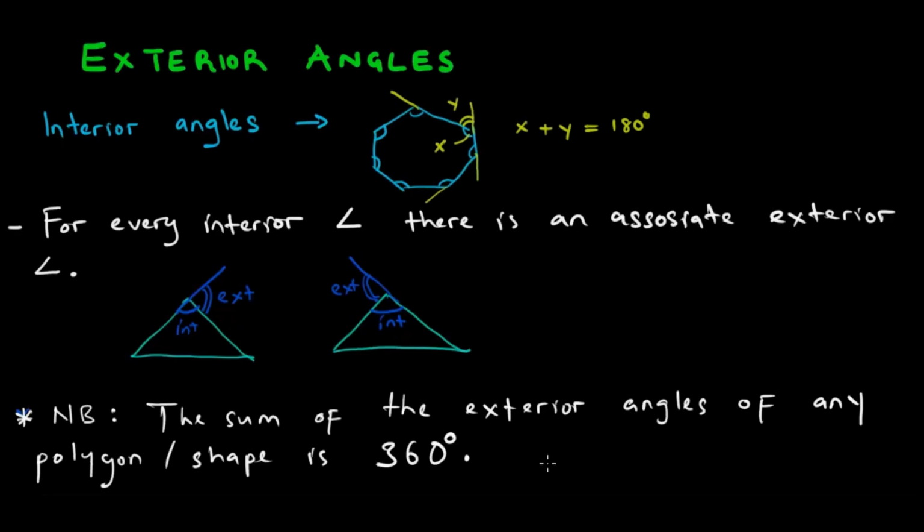Tiri kuti tikaedha ma-exterior angles any shape, we can work with what we have already. Tine heptagon panapa, and these are the exterior angles andiri kuisa apa. Yeah, those are the exterior angles. Then panapa we have a triangle, and these are the exterior angles.